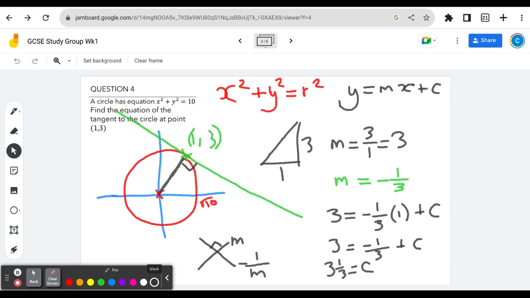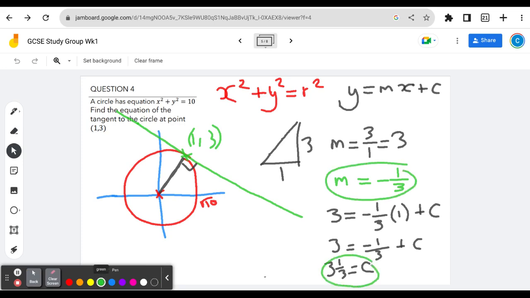Okay, let me make some space. So going back to my green pen, I now have the gradient and I have the y-intercept. So now I have the equation of the line, which is the tangent. It's y equals negative 1/3 x plus, I'll change that to an improper fraction, 3 times 3 is 9 plus 1 is 10, plus 10 over 3.